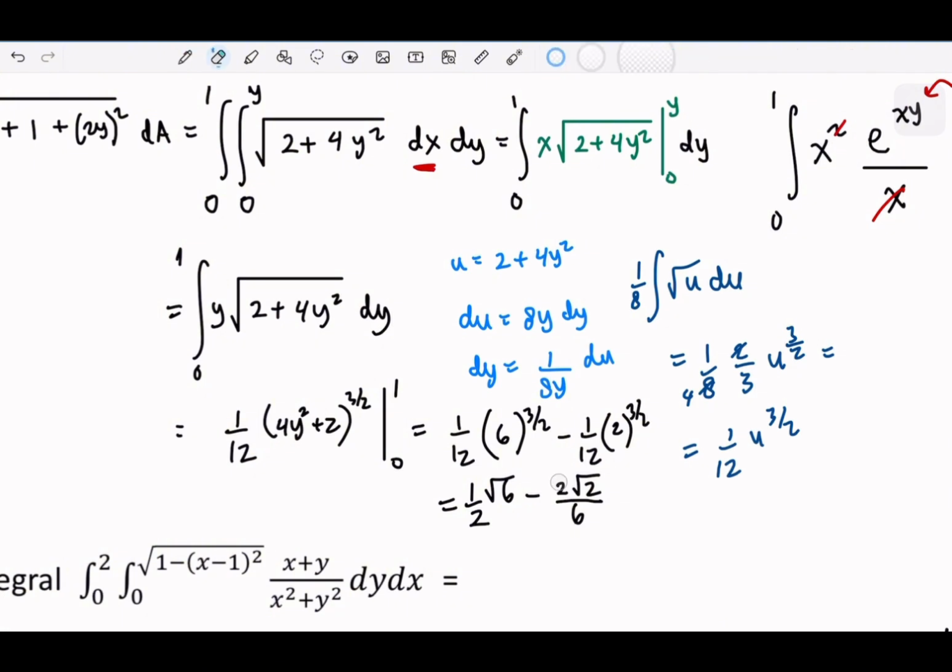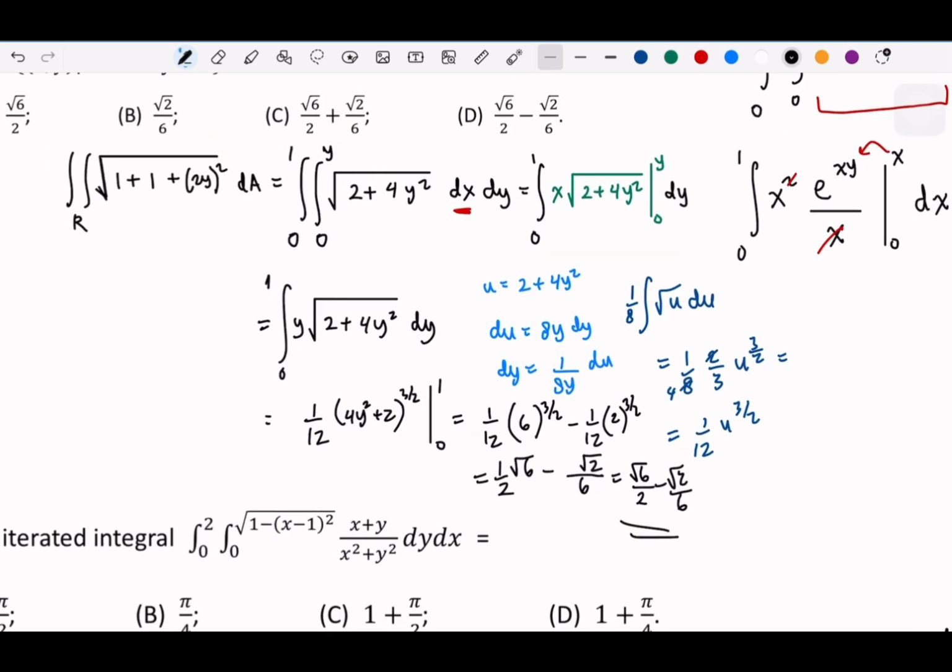Okay, this one should be right. So this will be square root of 6.